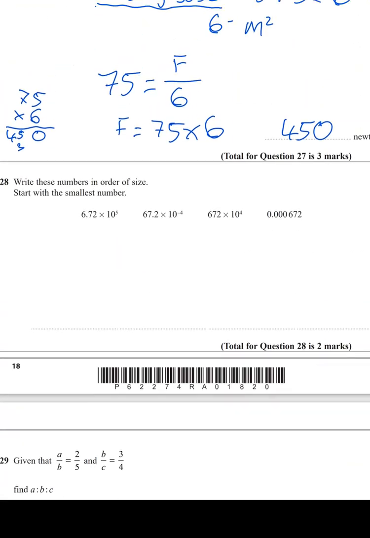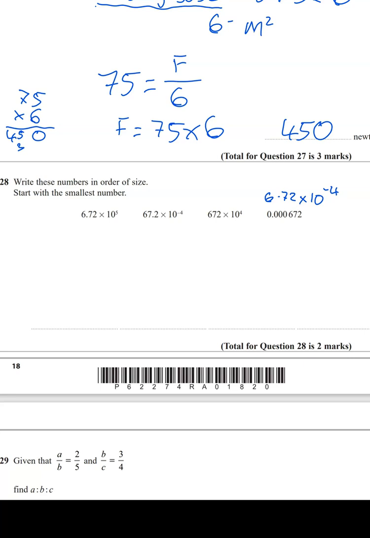Okay, write these numbers in order of size. Right, okay, so what I would do is I'd put this one in standard form to make it easier. Okay, it's funny, the paper started with putting numbers in. Okay, and I'm actually going to put this one in.